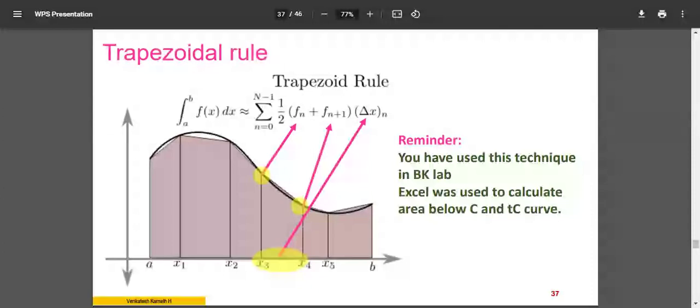How do you calculate the area below the trapezoid? It looks like a rectangle, but on one side it is angled. So if I take the heights of the two sides, that is fn at x3 and fn plus 1, and take the average, that will be the height of that hypothetical rectangle. In fact, it is a trapezoid only. I'm just trying to cut it and make it a rectangle.